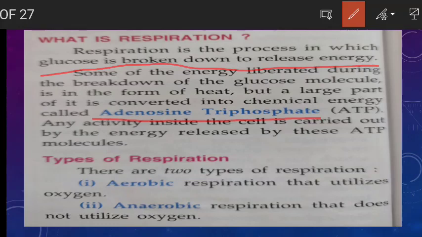Basically, there are two types of respiration: aerobic respiration and anaerobic respiration. Clear? Aerobic respiration means respiration that utilizes oxygen, and anaerobic respiration means respiration that does not utilize oxygen.